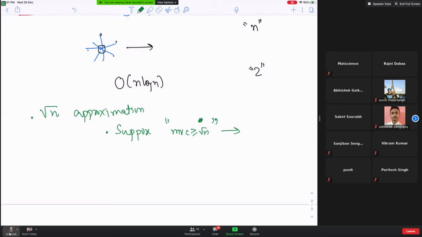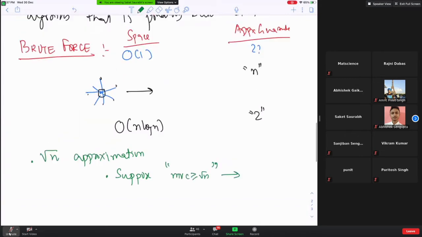Suppose I came and told you that it has a minimum vertex cover of size at least root n. At least one idea, I'm not sure whether it is correct. Okay, great. Let's say that we group the vertices into root n buckets, and whenever I get an edge, if there is even a single vertex that I would want to include that is in a particular bucket, then I include all the vertices in that bucket.